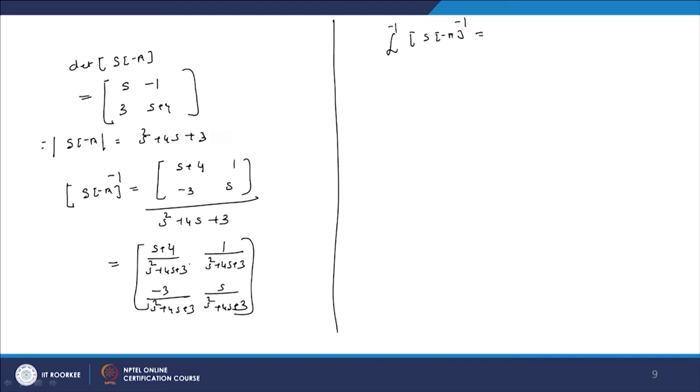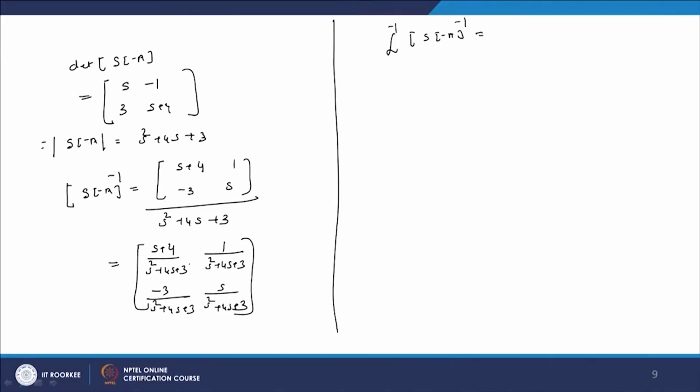Therefore, we have to convert it into partial fraction expansion, as we saw last time, and then go for the Laplace inverse. Particularly, s plus 4 divided by (s plus 3)(s plus 1), if you convert this into partial fractions, we get minus 1 by 2 over (s plus 3) plus 3 by 2 over (s plus 1).